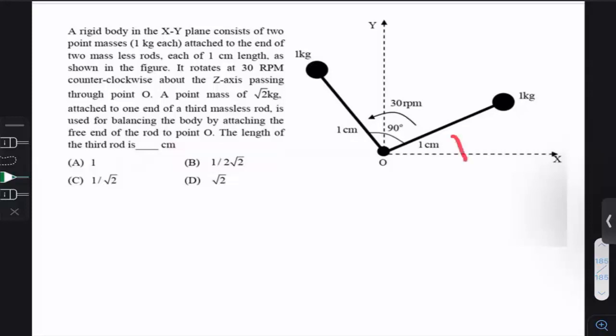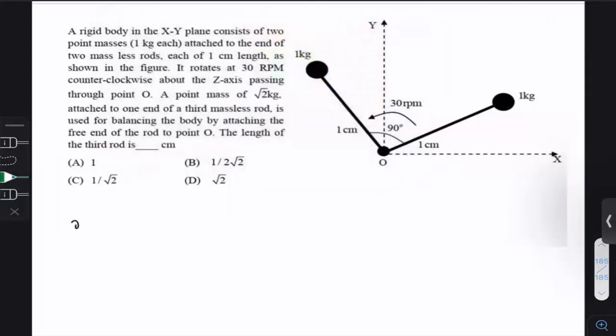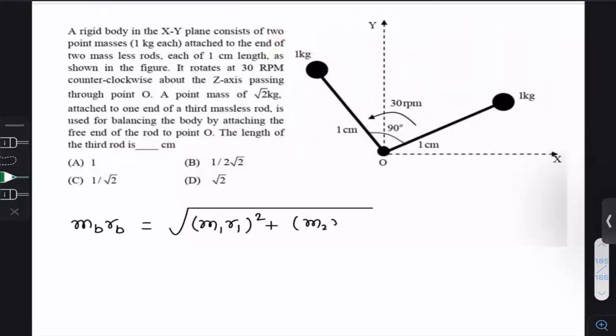MBRB in balancing, that is quite simple. The equation is MBRB is root under M1 R1 square plus M2 R2 square, since it is 90 degrees.